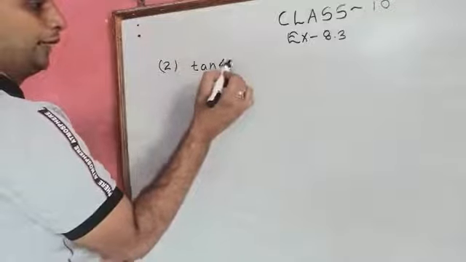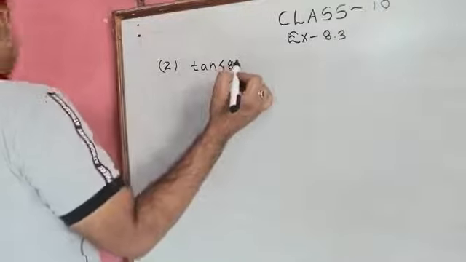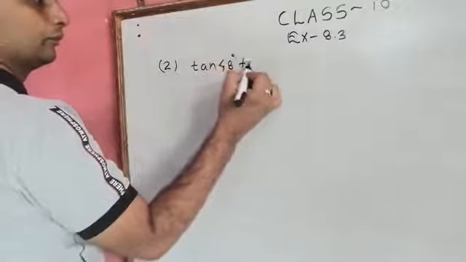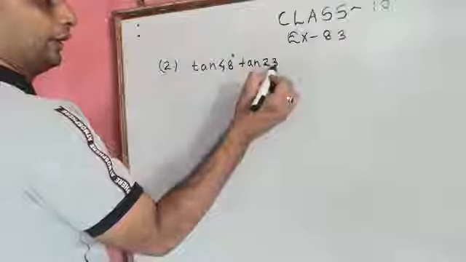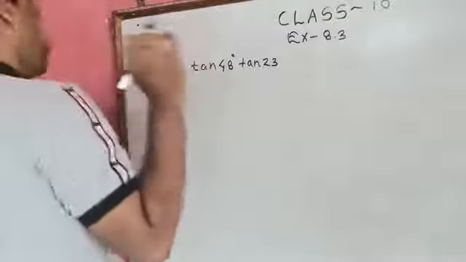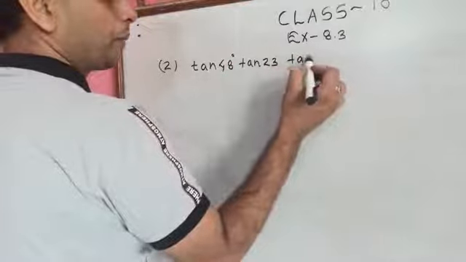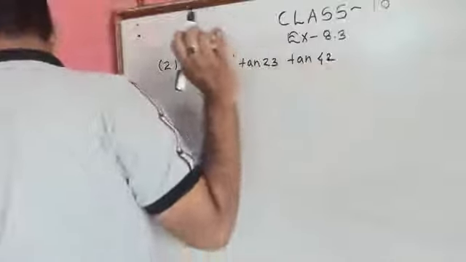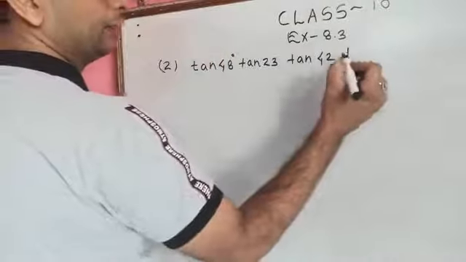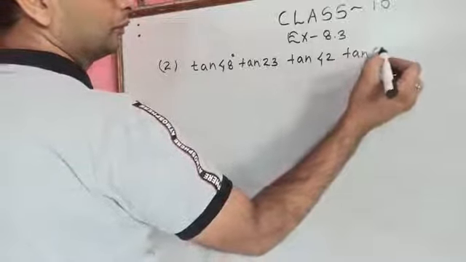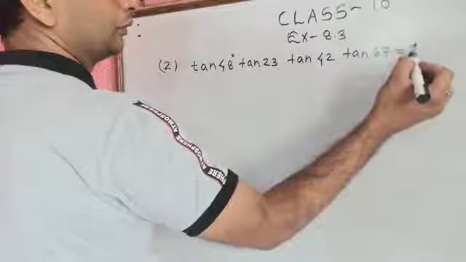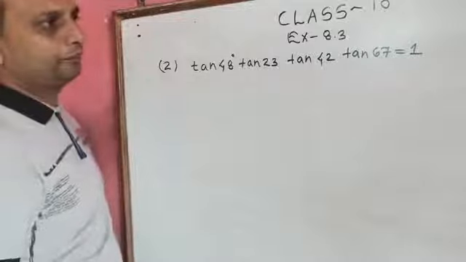Tan 48 degree, tan 23 degree, tan 42, tan 67 equal to 1.